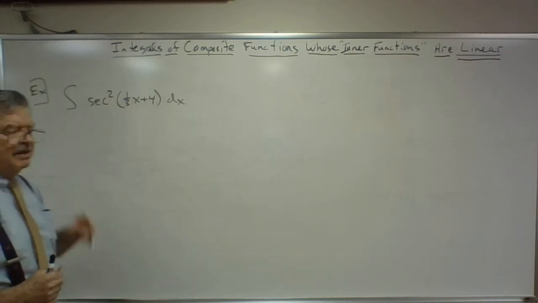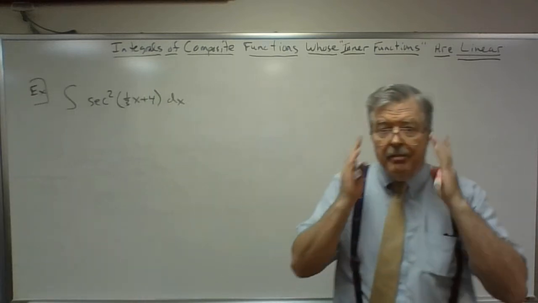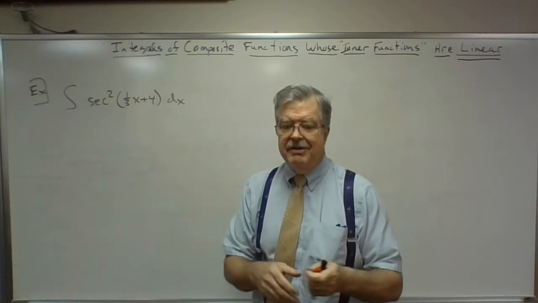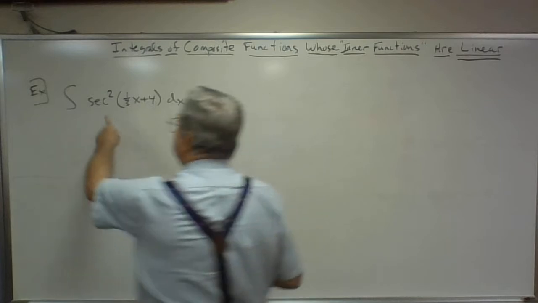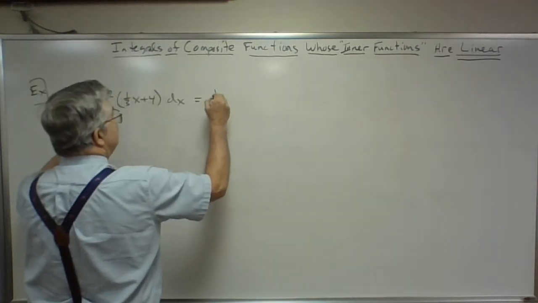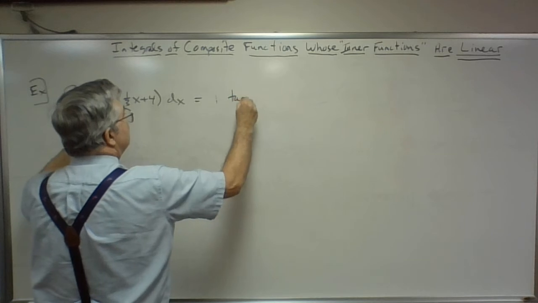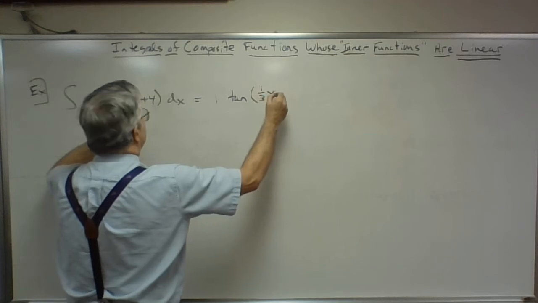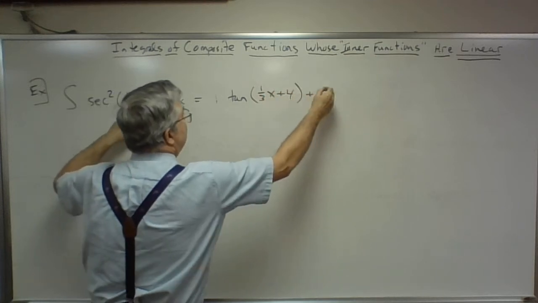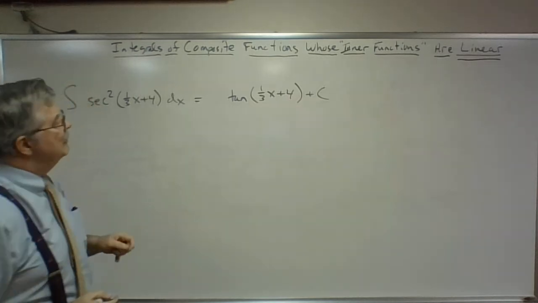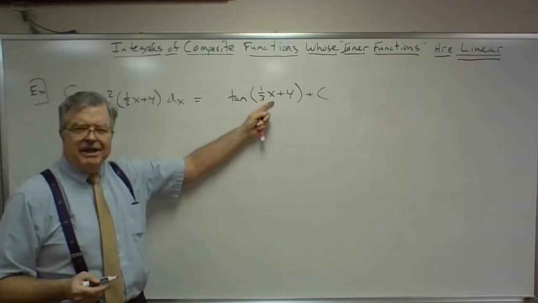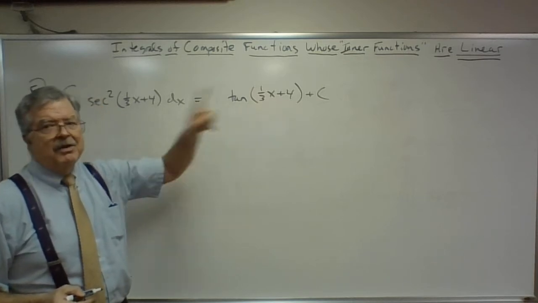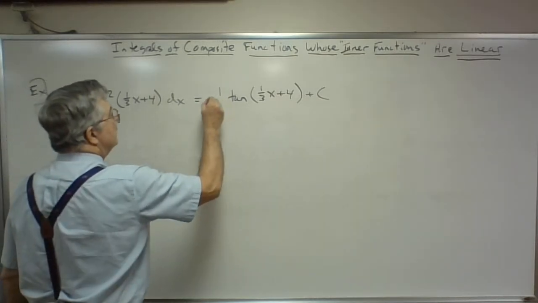Secant squared. Since we have all of our integration formulas memorized, when we see secant squared, we go, aha, this is going to turn into tangent. Compute the antiderivative of secant squared, that's going to be tangent, evaluated at the inner function. And now, because we're integrating and not differentiating, instead of multiplying by the derivative of the inner, we divide by the derivative of the inner.